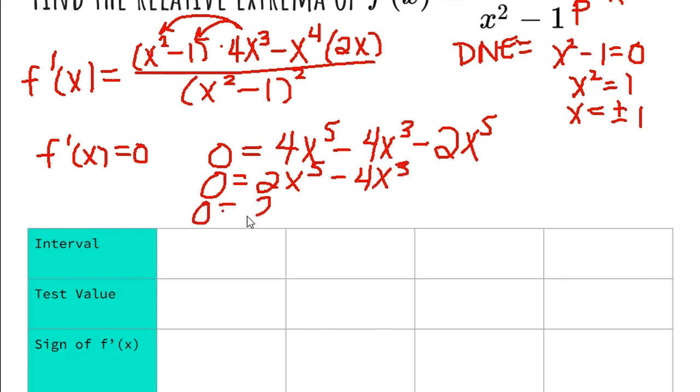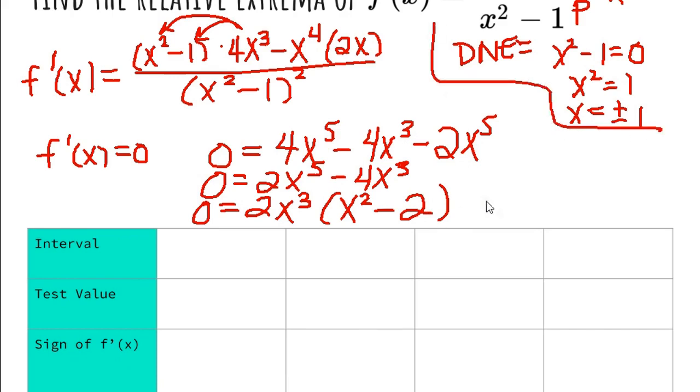So 0 equals 2x cubed, and what's left behind is x squared minus, and that just leaves me with 2. So then I get that 2x cubed equals 0, so x equals 0.